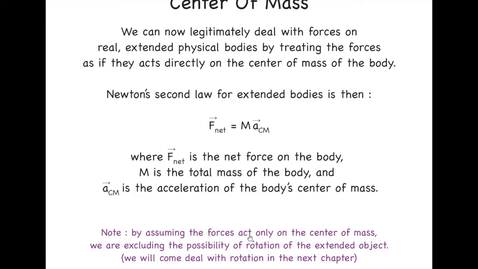And by assuming that, we're excluding the possibility of rotation. And we've done this kind of implicitly many times throughout the quarter. We've said, we push on the block, but we push on it in a way that doesn't cause rotation. So what we're really saying when we say that is we're applying the force in line or directly onto the center of mass. And then it is the center of mass that we think of as accelerating. And then we take a step back and say, well, the center of mass moves forward, the rest of the body moves forward with it.